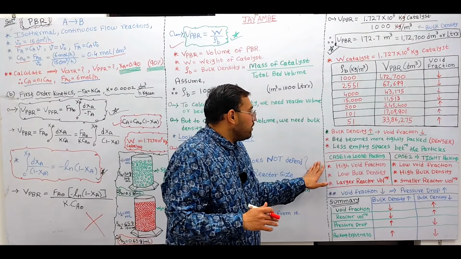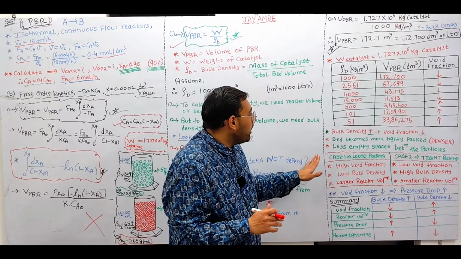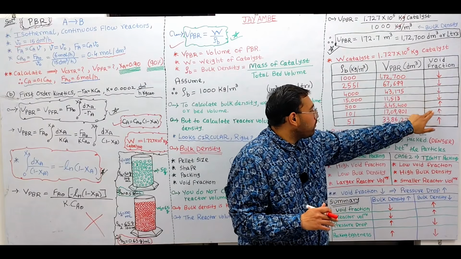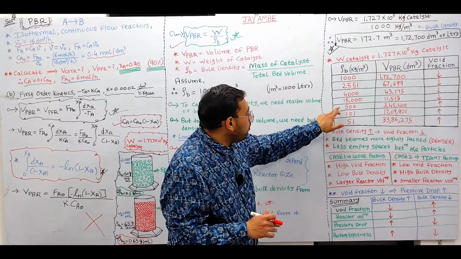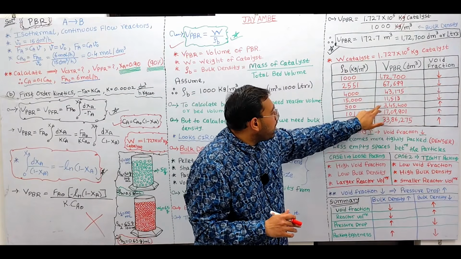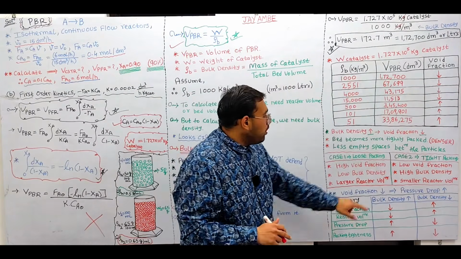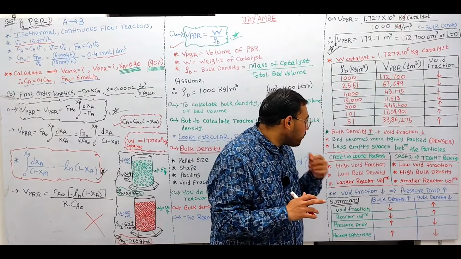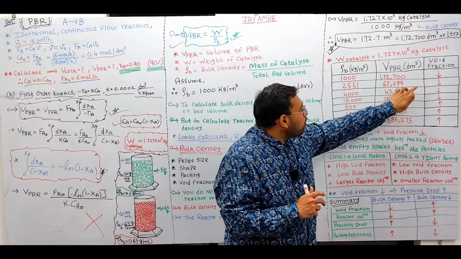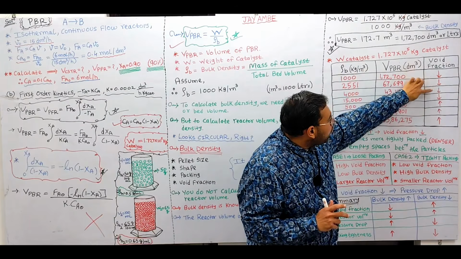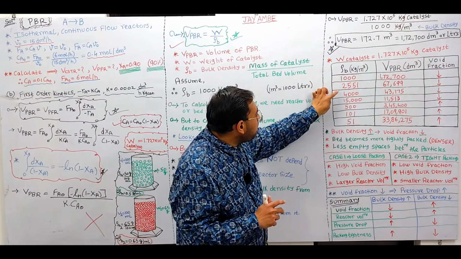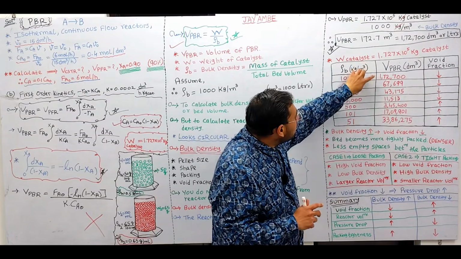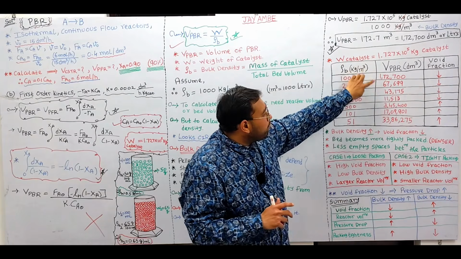So let's say in case one we have loose packing, where we have a higher void fraction, due to which we have very low bulk density, and we require a very large reactor volume. For case two, we are tightly packing the solid catalyst into the reactor volume, due to which we have a very low void fraction and a very high bulk density, and we require a smaller packed bed reactor.